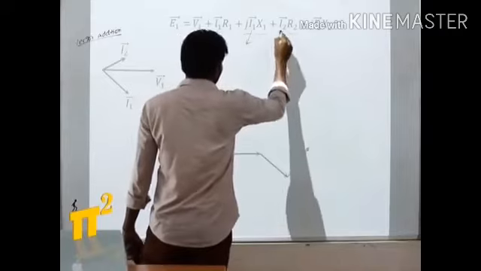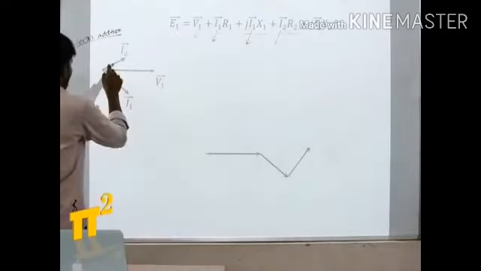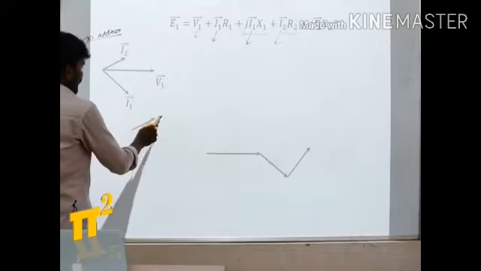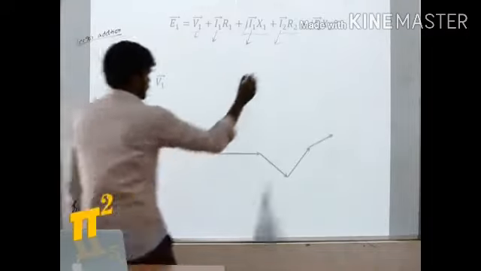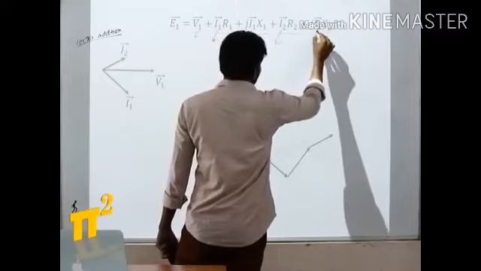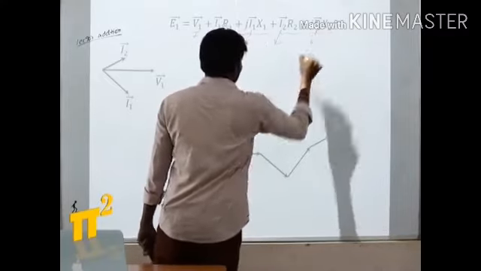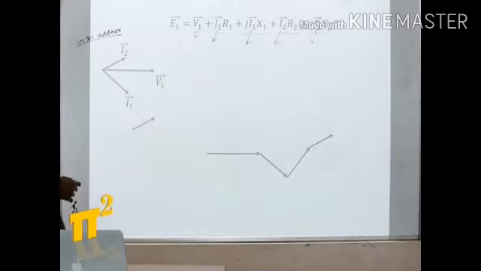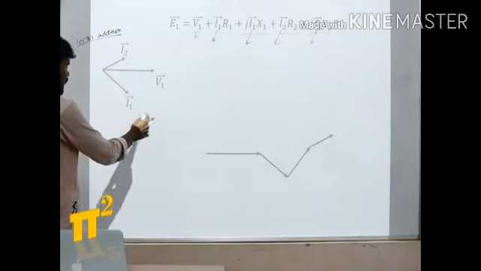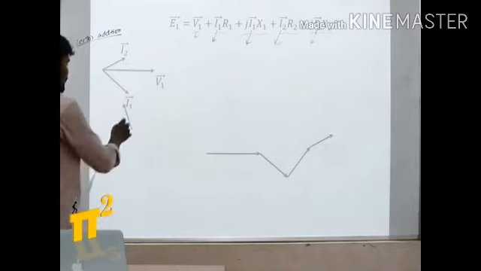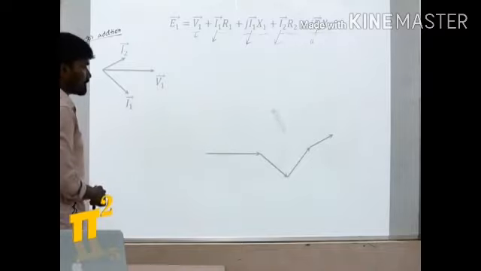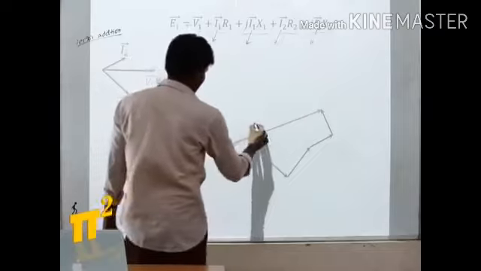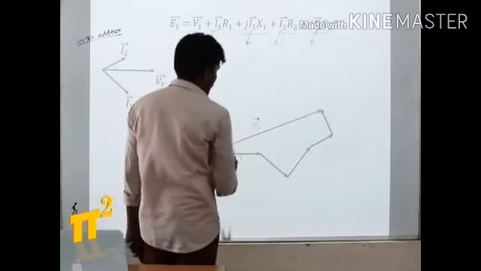This term, I2, let's take I2, multiply with R2 and add it. Next, finally, this term, here I2, let's take I2 once again, multiply with X2 and multiply with J, and now add it. So resultant is, this is the resultant E1.